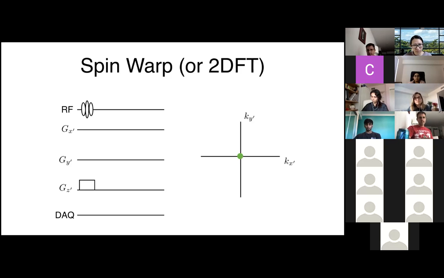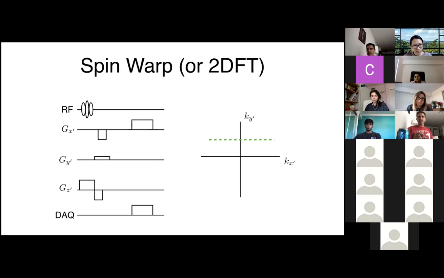In this example, I'm going to make GX negative and GY positive, so the probe goes to the left and up. Then I'm going to turn GX on positive for a while, and this is when I'm going to acquire data, the whole time that GX is positive. That gives me one line in K-space, one line of Fourier values.